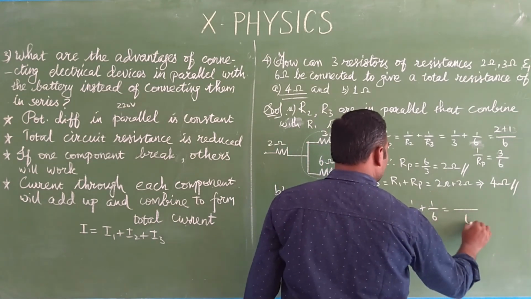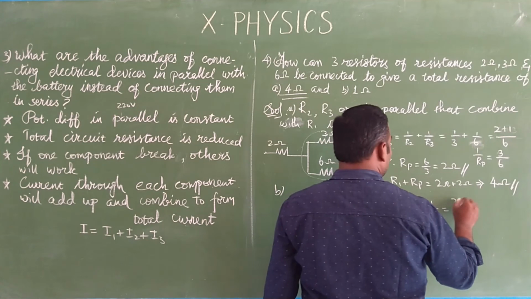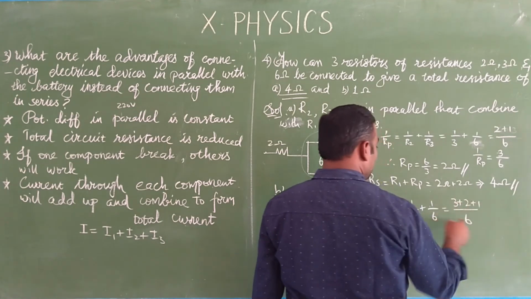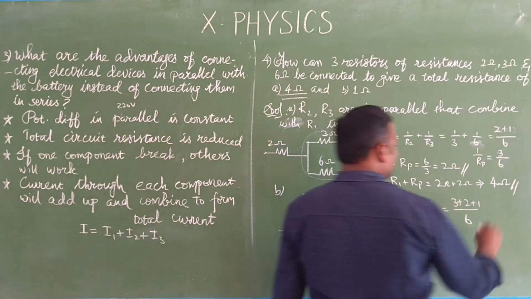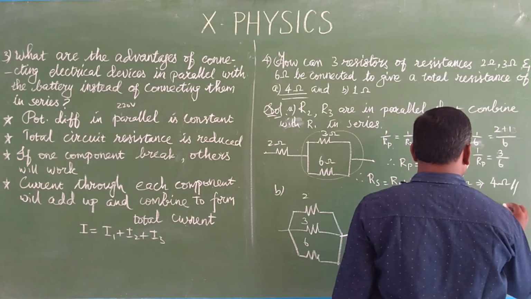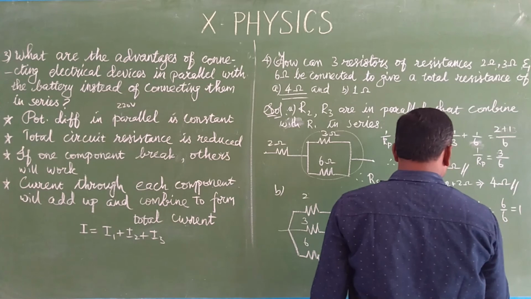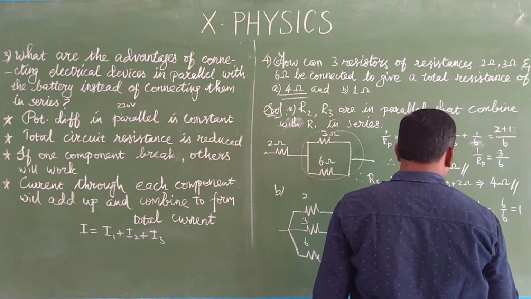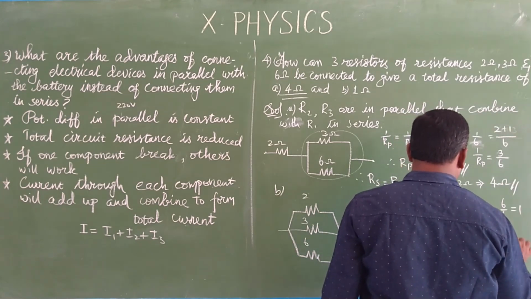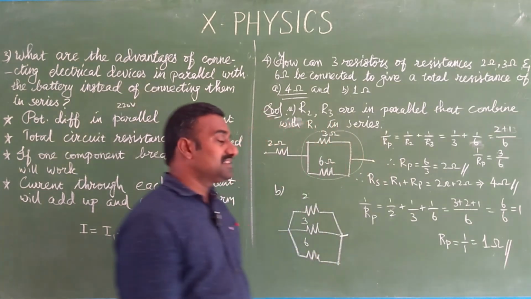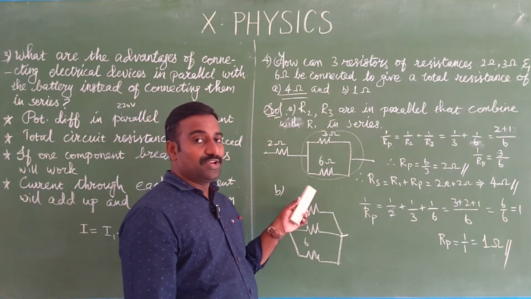So LCM is 6. So 3 times, 2 times, 1 times, then only LCM is 6. So the value is 6 by 6, which is equal to 1. Therefore RP is equal to 1 by 1, which is equal to 1 ohm. So this 1 ohm is very less, comparing to the least value.